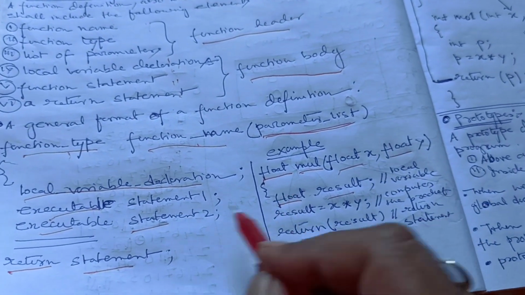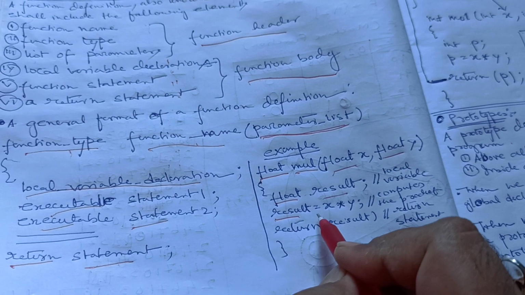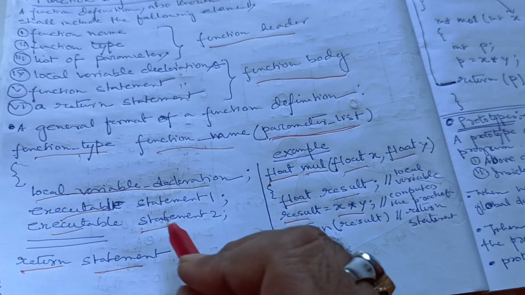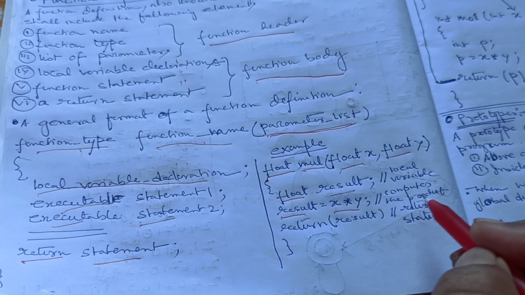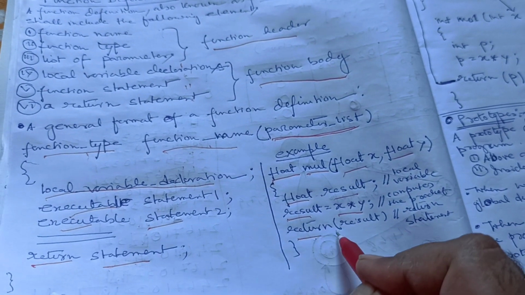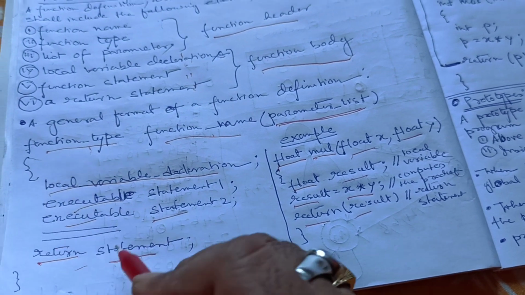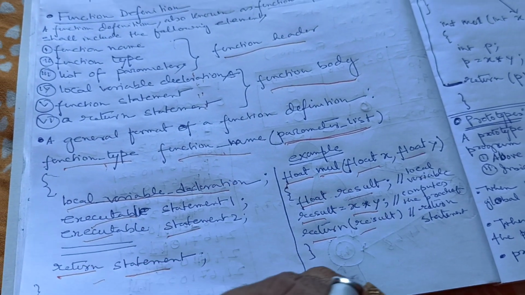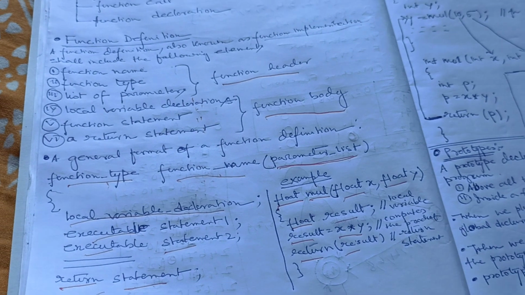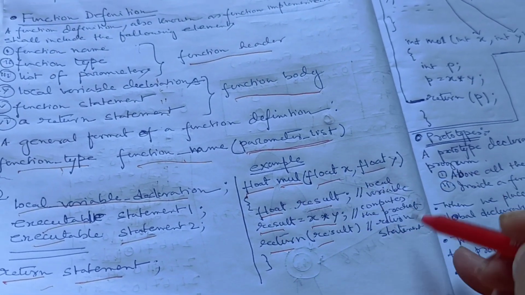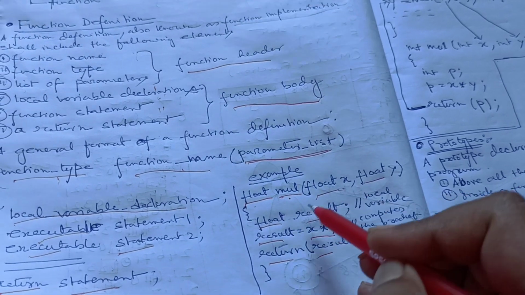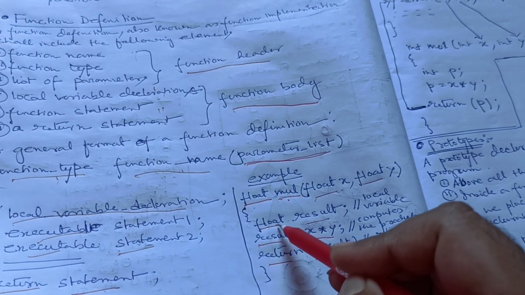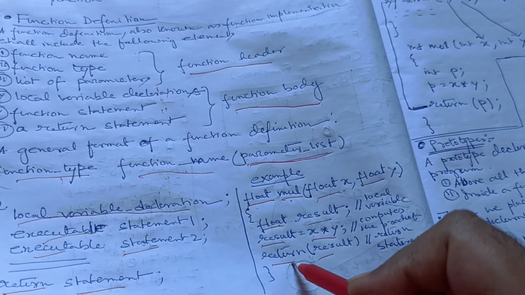Now result is equal to x into y, that is actually the executable statement, here it is computing the product. Last one is return result, that is the return statement I have discussed in the general format. So have you understood how we can declare a function? First is type, then function name, then argument list, and this is the local variable declaration, this is the executable statement, and this is the return statement.